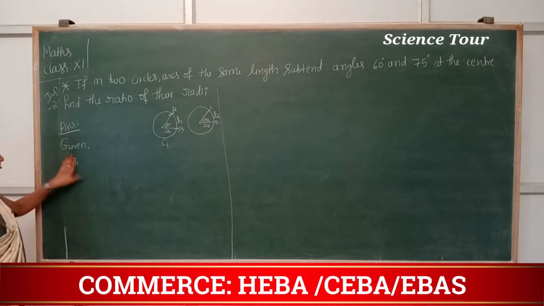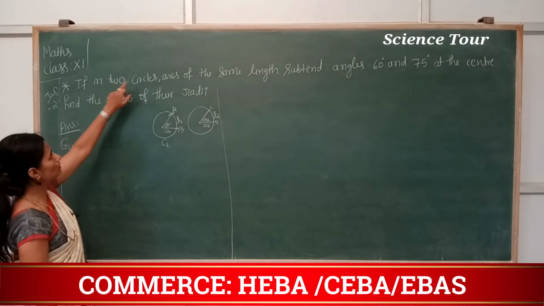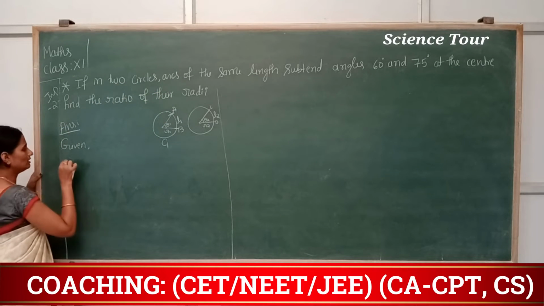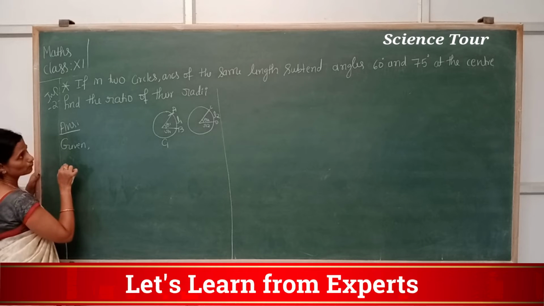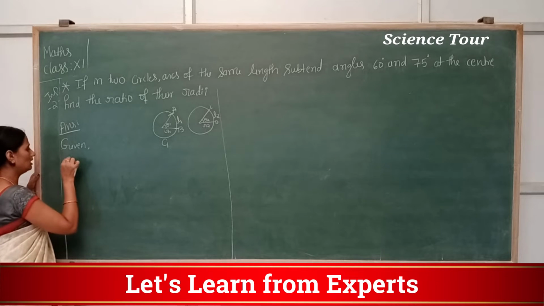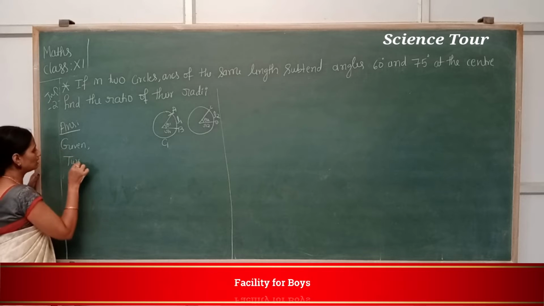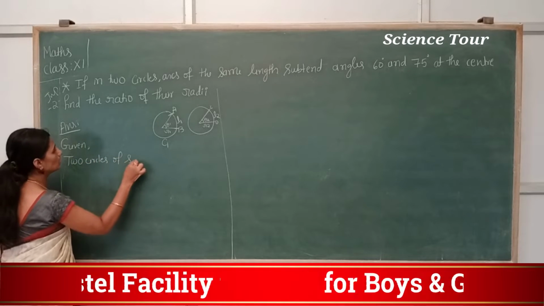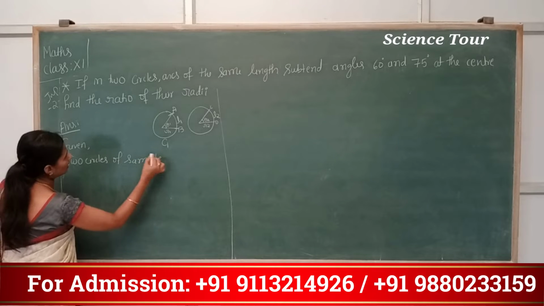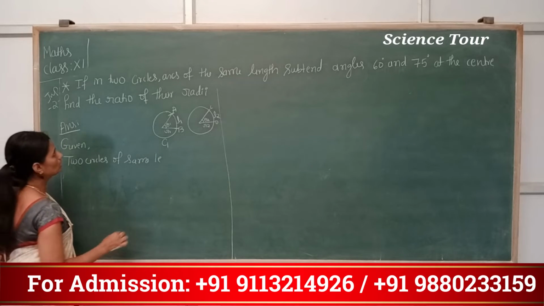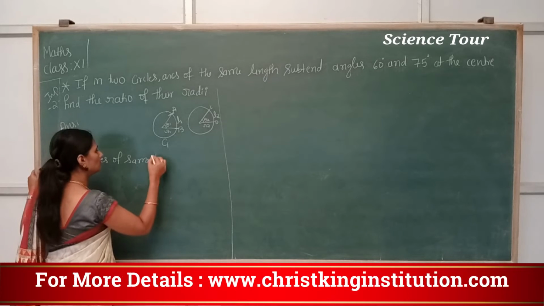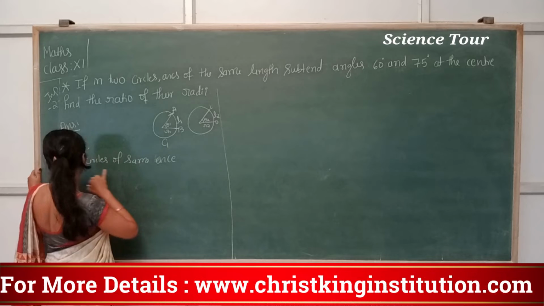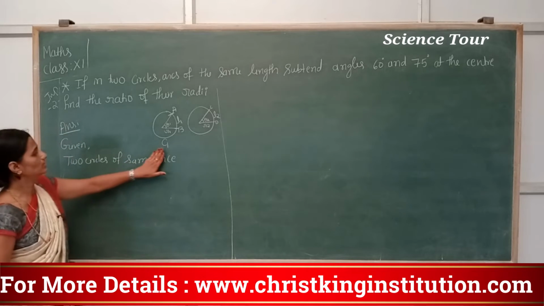Given two circles, arcs of same length, so given the arcs of two circles are equal.